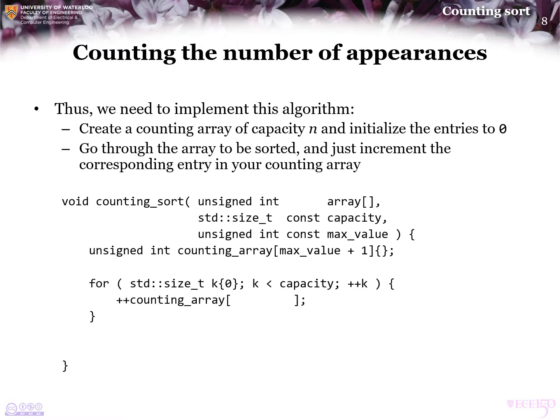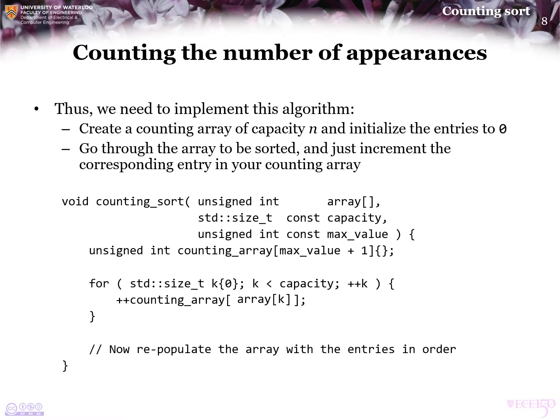So we are going to be incrementing the accounting array that we have just created, but which index do we increment? Well, it's just whatever value is at index k of the original array. So if at index 0 of the original array there's a 6, then we will increment counting array's 6th entry.